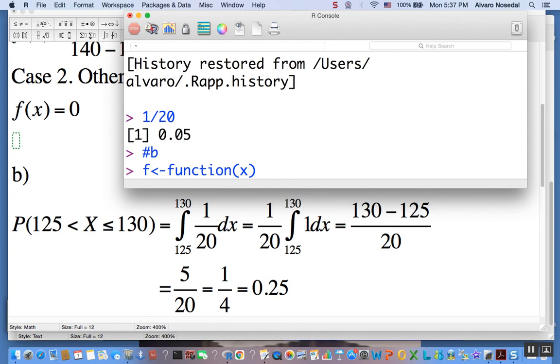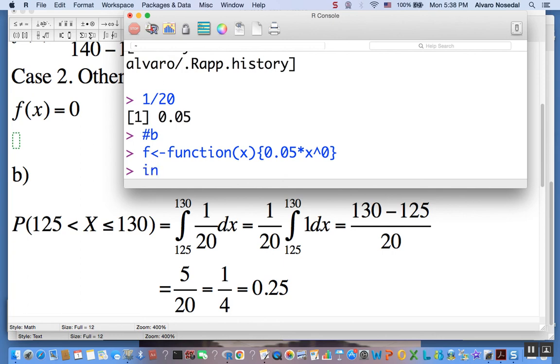Now curly brackets, 0.05 times x to the 0 power. X to the 0 power is the same as 1, so 0.05 times 1, 0.05 or 1 over 20. That's the function that I'm defining. It's a function of x, and that arrow is telling R that we are assigning that function to the object called f.